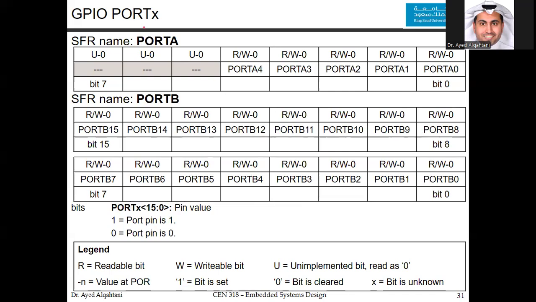If you call _RA0, it means this value, and so on. So you can call a specific bit, or you can call the whole thing, the whole port, with all the 8 bits of A, or with all the 16 bits of B.